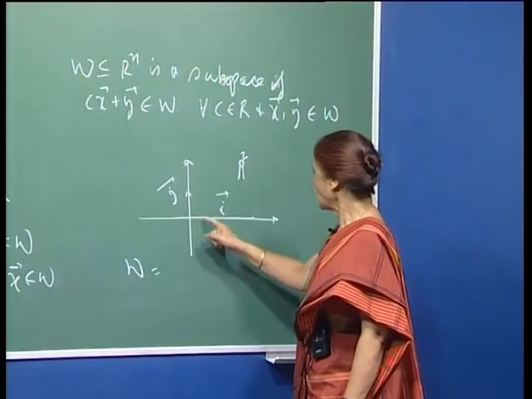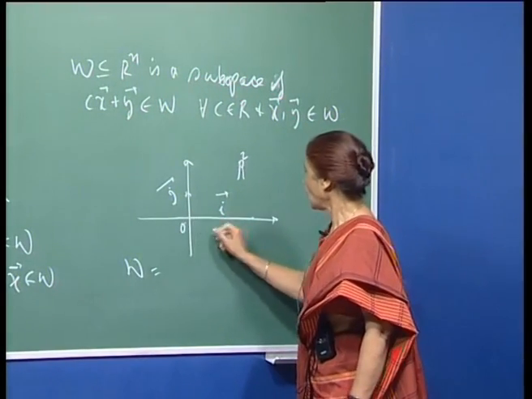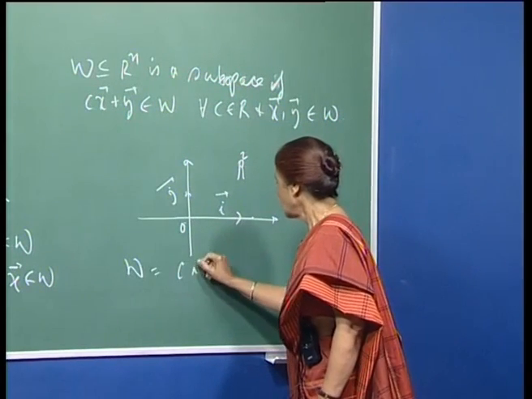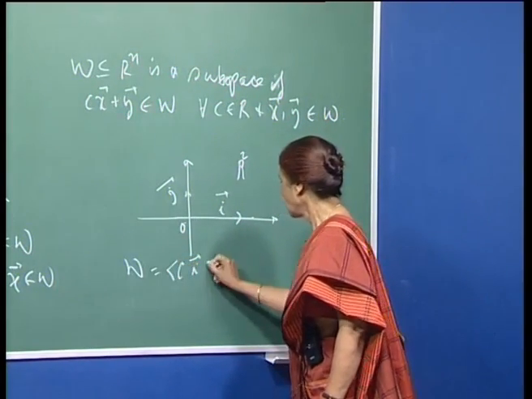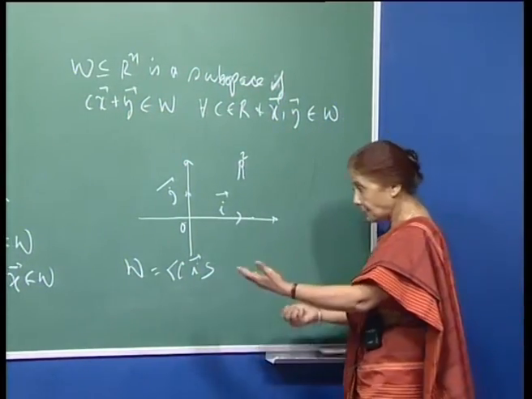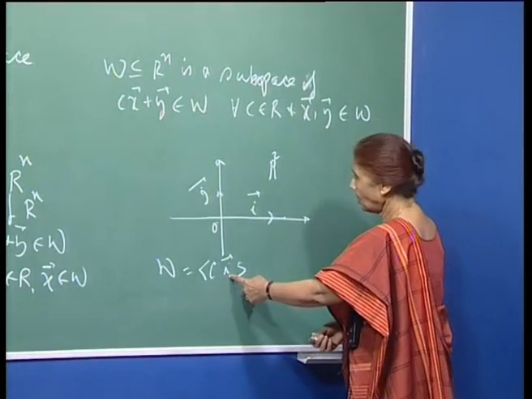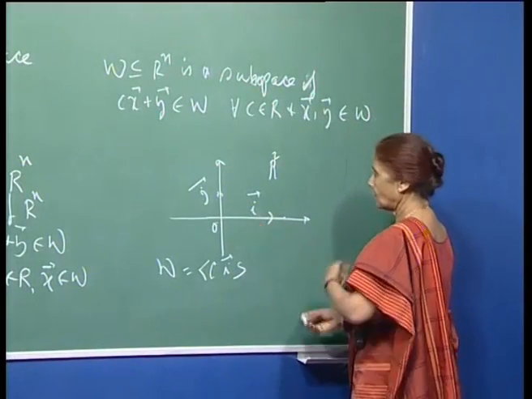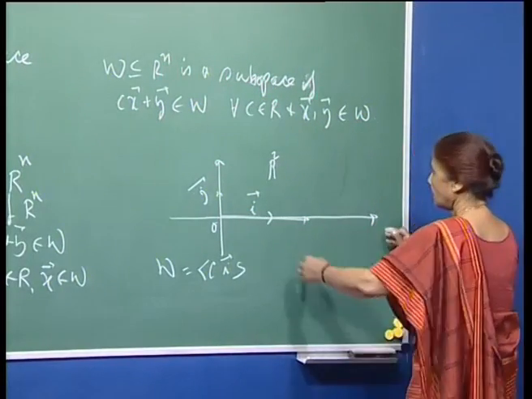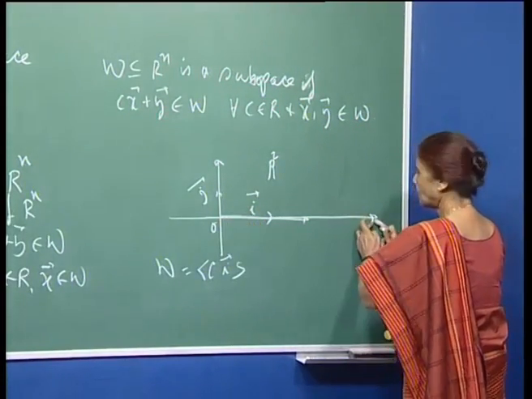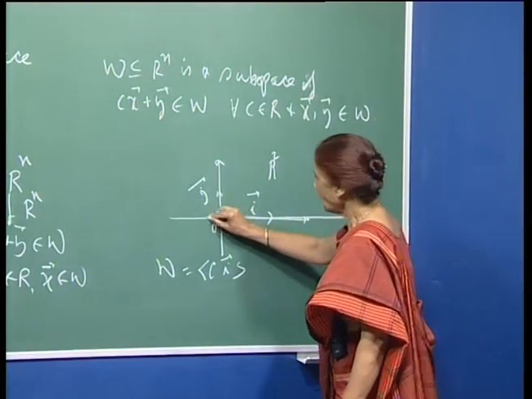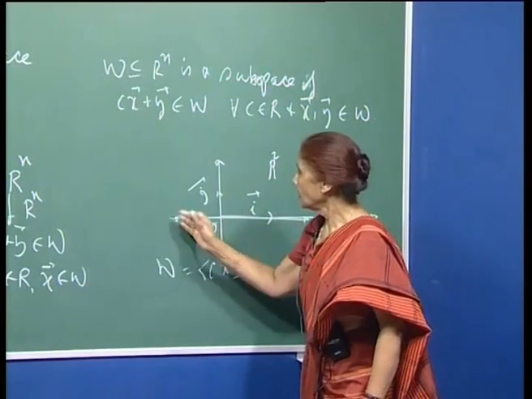So, what I am saying is that if I take the vector i, this is my O, so the direction of i is this, then I can describe this subspace W, or the subset W, as all scalar multiples of this, that means of this direction i. So, here for example, I will take the number here, which is equal to this length, and then multiply it by i, I get this vector. If I multiply i by a negative number, I will get things in this direction.